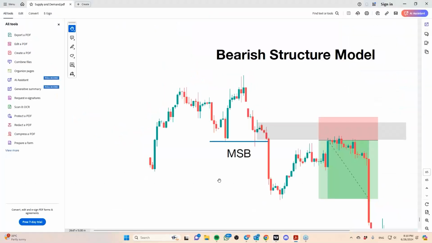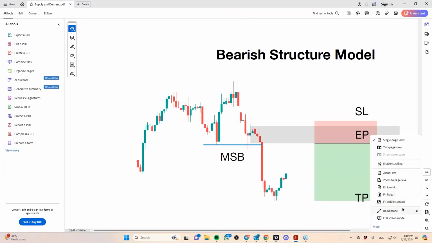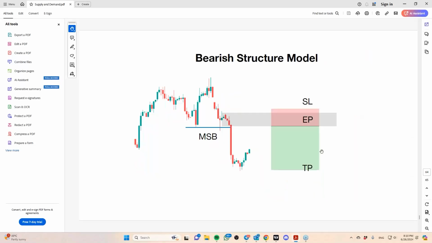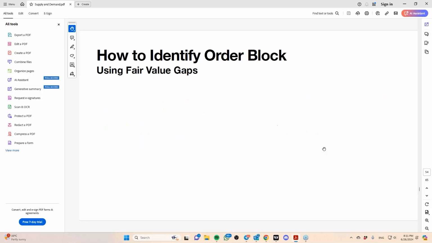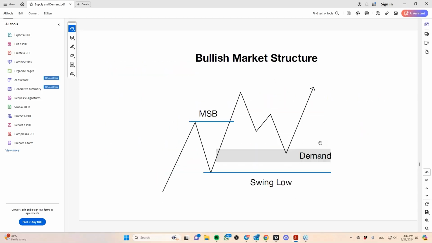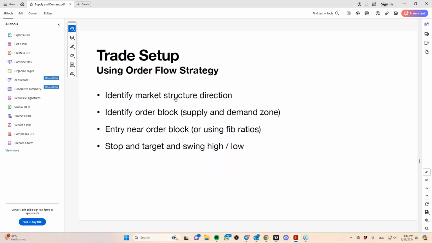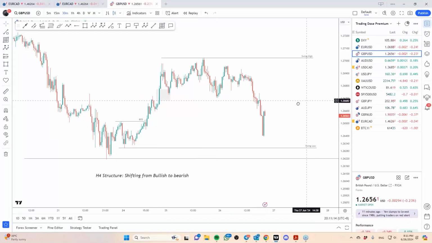So bear in mind, just now we covered the setup here. We need to see a fair value gap over here, because for identifying an order block, we need that. So in terms of this, we really don't have anything that we can work on.